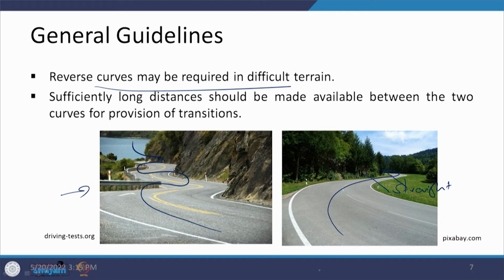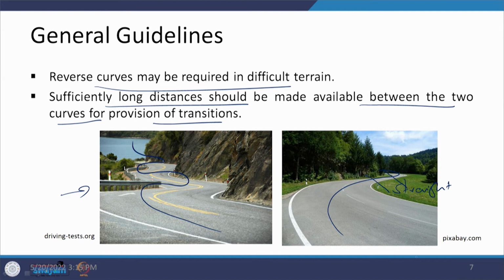So, as far as possible, sufficiently long distances should be made available between the two curves for the provision of transitions. This is true in all the cases where you are talking about continuations of various numbers of circular curves, or reverse curves, or compound curves.